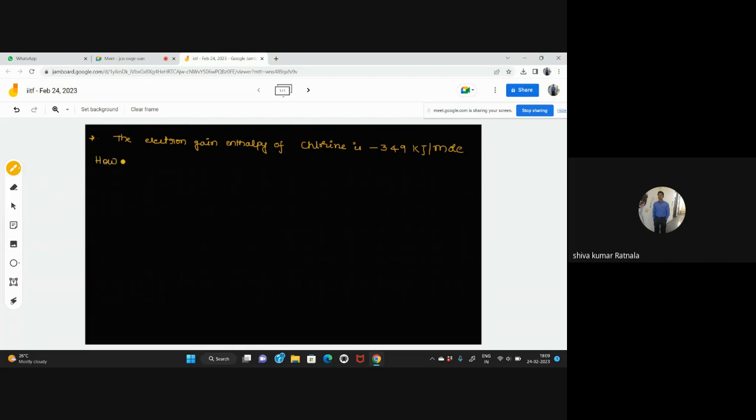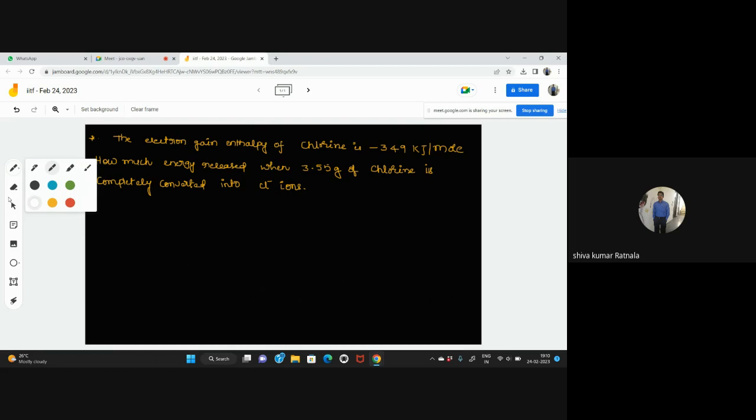How much energy is released when 3.55 grams of chlorine is completely converted into Cl minus ions? Try to solve this. Let me see how many members can solve this.